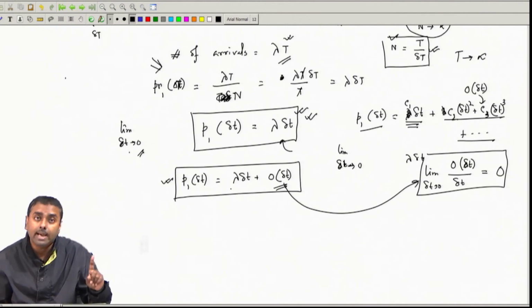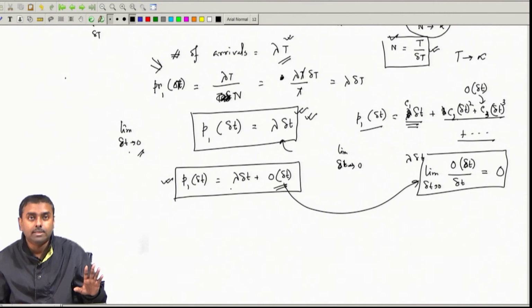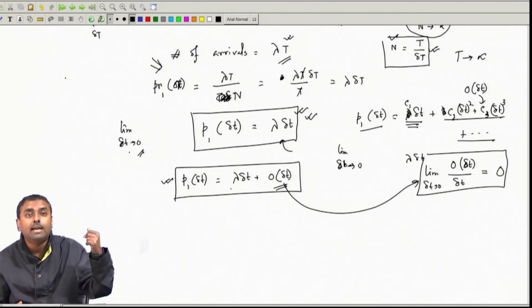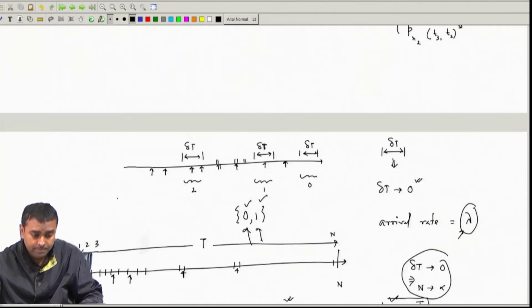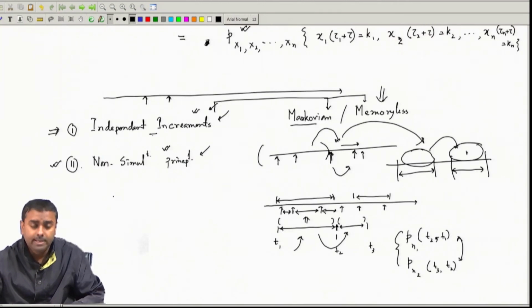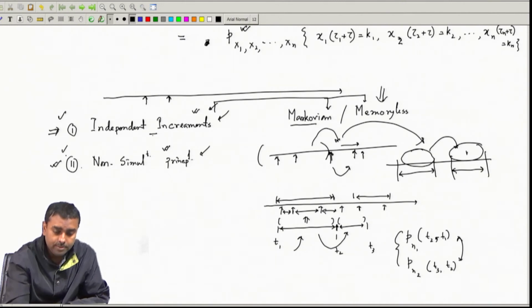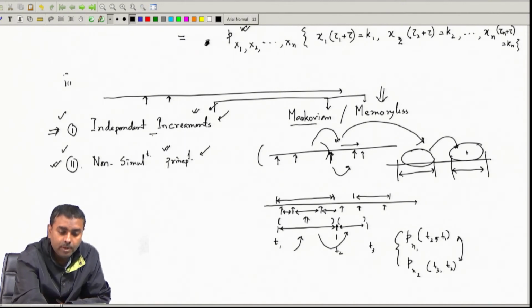So, that stationarity has to be another property actually. That is something I have already discussed even before these two fundamental properties, right. So, stationarity you can always say is the third property actually.